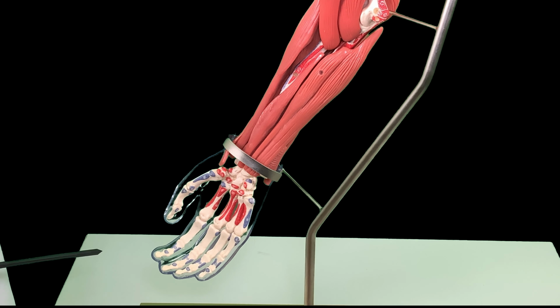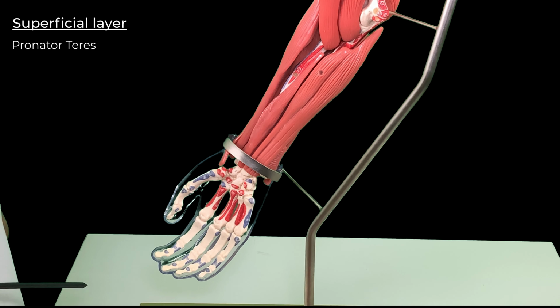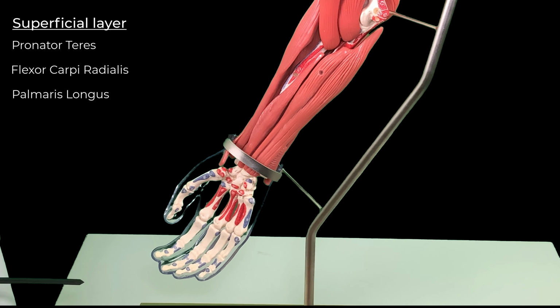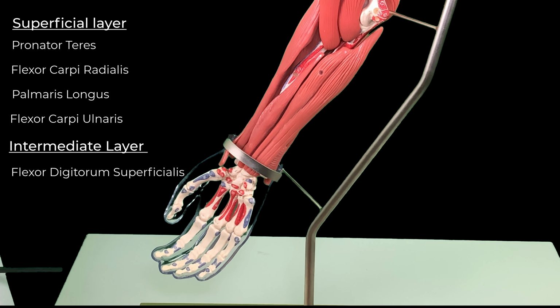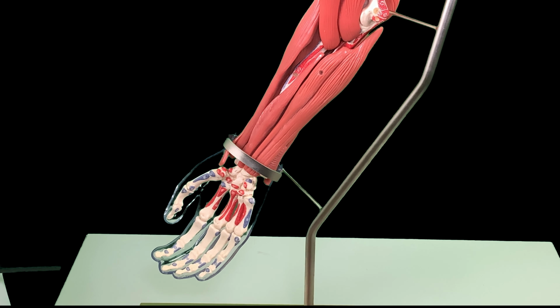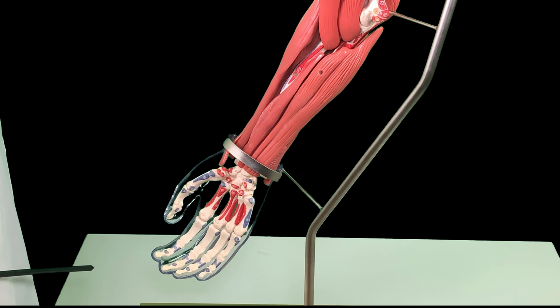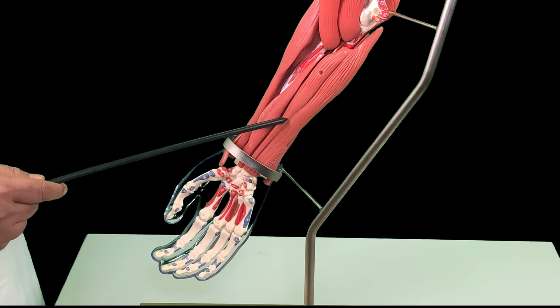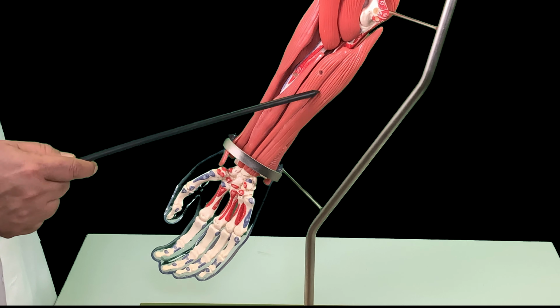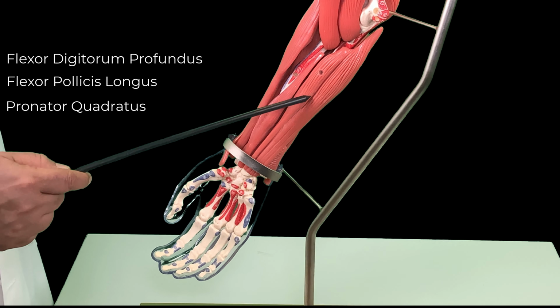Let's recap. The superficial layer had pronator teres, flexor carpi radialis, palmaris longus, flexor carpi ulnaris. The intermediate layer had flexor digitorum superficialis. Now the superficial and intermediate layer muscles have been removed, and what you can see is another big one, my flexor digitorum profundus.